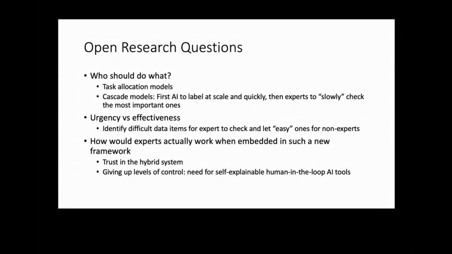So related to that, a few questions: who should do what? When we need to allocate the labeling tasks, who do we allocate them to when we have experts, non-experts, automatic systems? Can we combine them together?